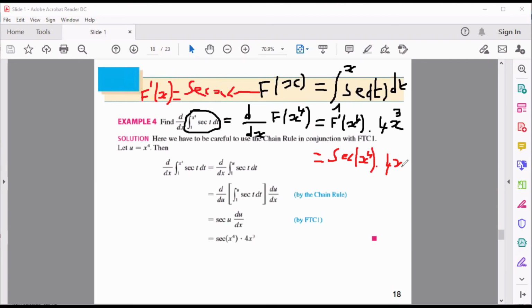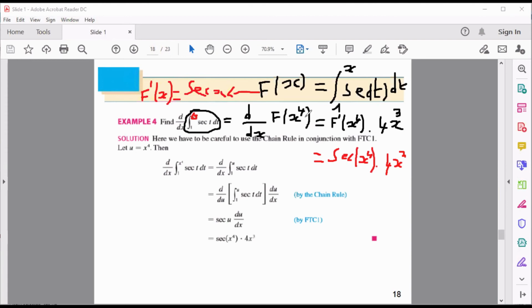We will talk about this kind of problem later, when we have instead of x another function, what is the derivative? In this case, the strategy is like that. We assume capital F of x is equal to the integral between 1 and x, and we know its derivative is just the function inside the integral. But we have a composite function, that means it's a composition between capital F and x to the 4.